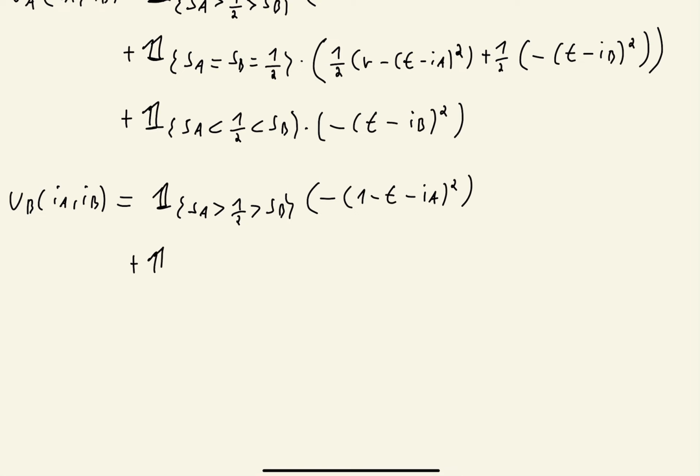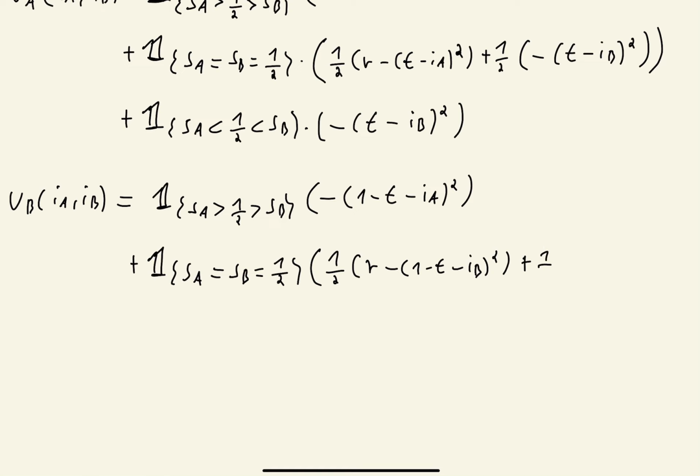Then again, we have the situation where we have equal vote shares. In this case, it's 1/2 times the utility of candidate B winning, so conditional on candidate B winning. So this is then R minus (1 minus T minus IB) to the power of 2, plus 1/2 times the utility that we found above, so the case when candidate A wins, which is then minus (1 minus T minus IA) to the power of 2.